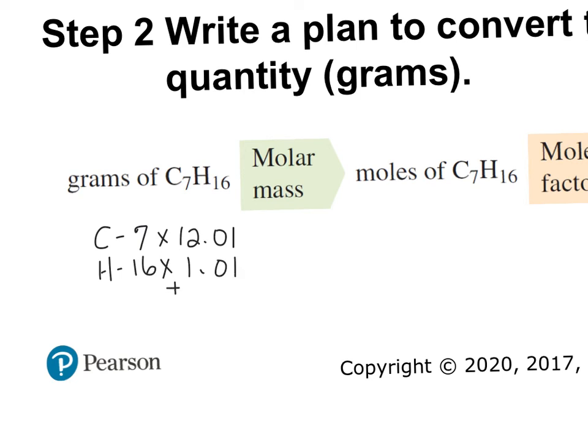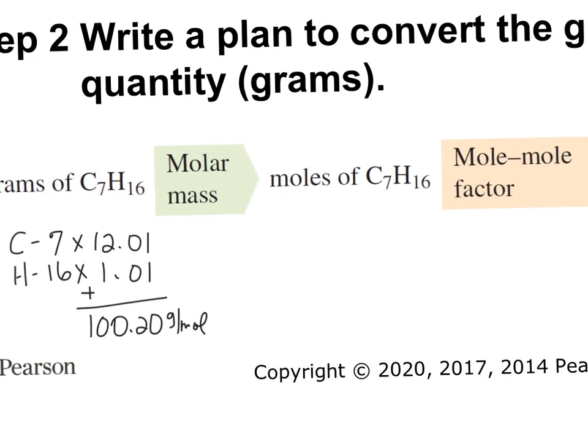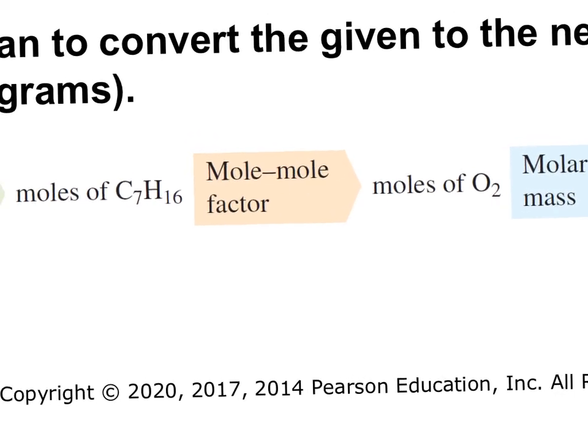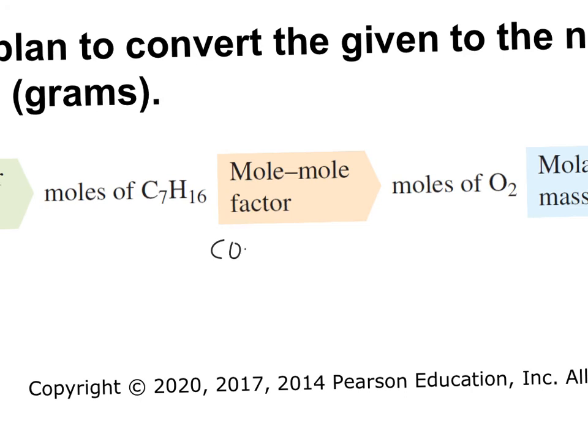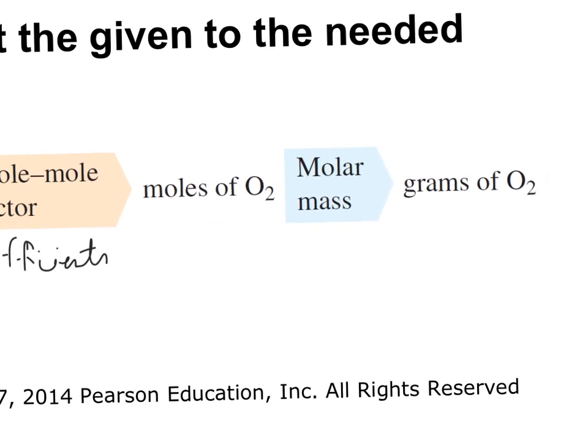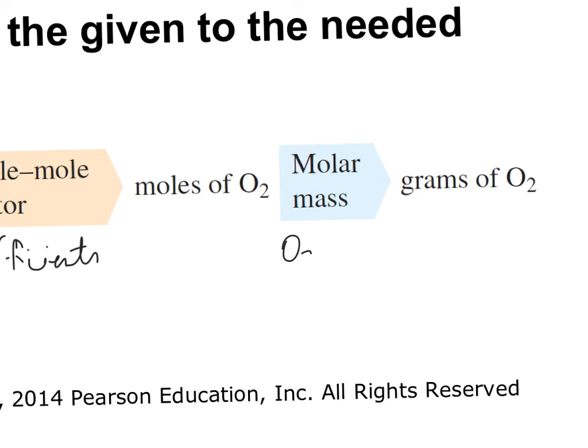Multiply those out, add the two together, and you should get 100.20 grams per mole. Then mole to mole factor, again, that's going to use our coefficients. And then moles of O2, finding the molar mass of O2, oxygen, 2 of those at 16. So that adds up to be 32 grams per mole.